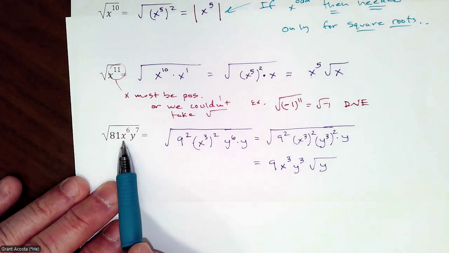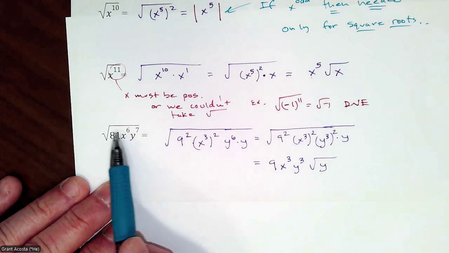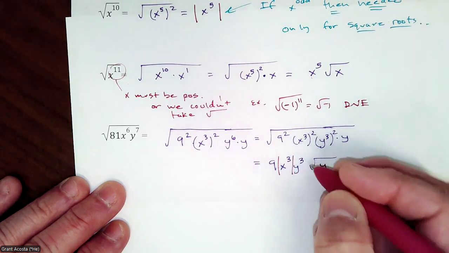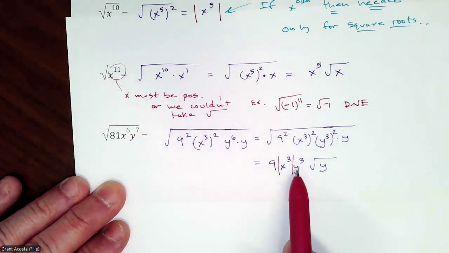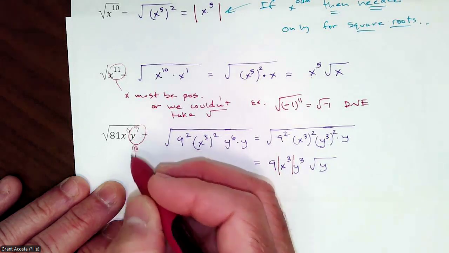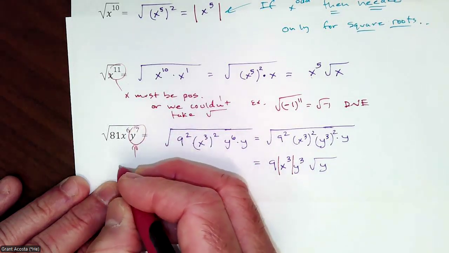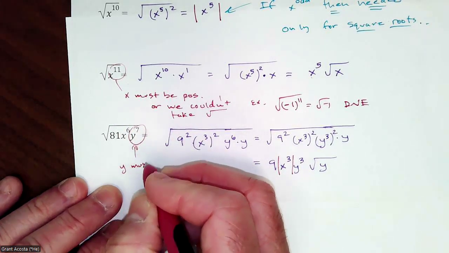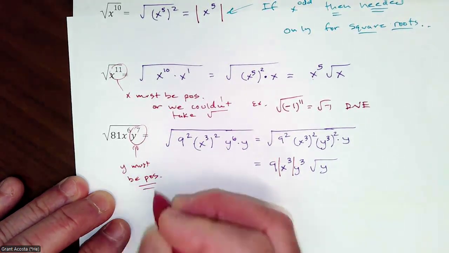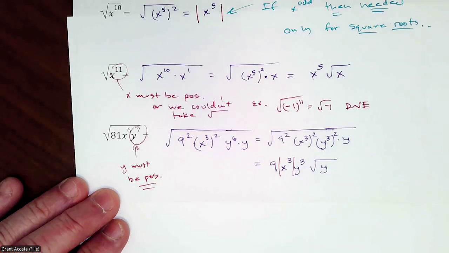If x was negative 1 here, negative 1 to the 6 would be positive, and I could take the square root of that, but it would come out negative here. So I do need it for the x. But for the same reason as up here, I don't need it for the y, because y was raised to the 7th power and I'm trying to take the square root of it, so y must be positive already. There's no way it could be negative or this wouldn't make any sense. So I don't need absolute value there.